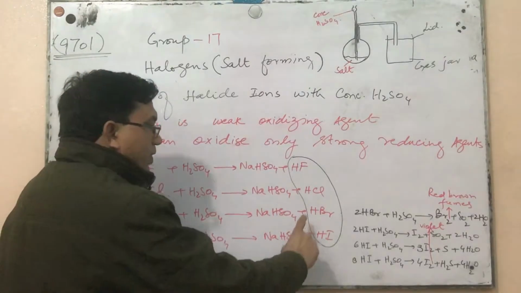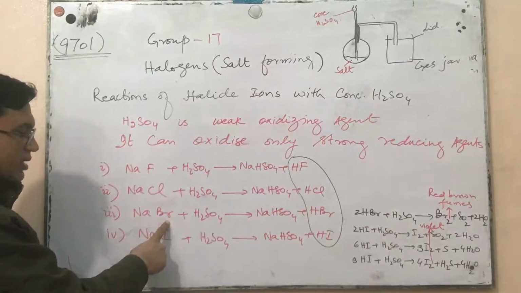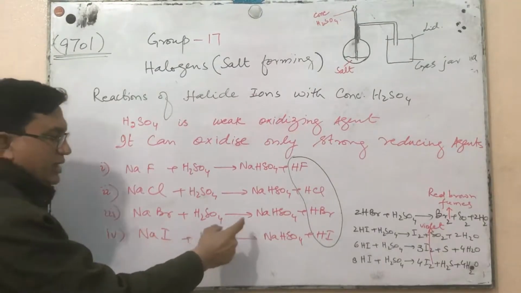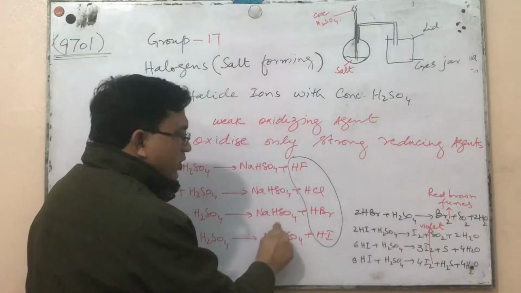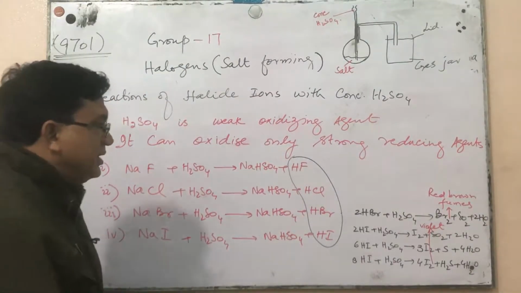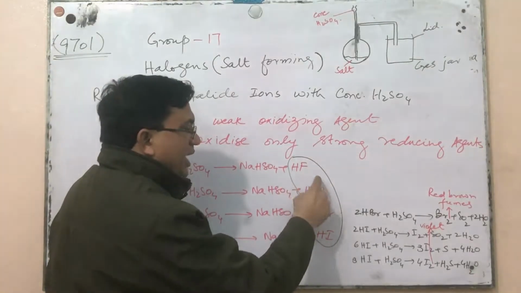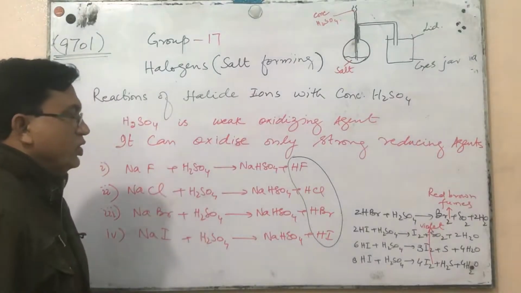But when we treat sodium bromide with concentrated sulfuric acid, it produces hydrobromic acid. Now, this hydrobromic acid is a stronger reducing agent than HF and HCl.